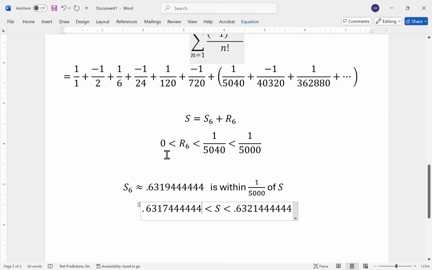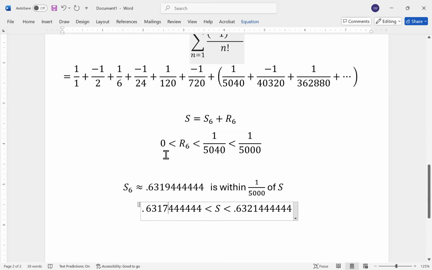Actually, technically, I know that's positive, so the remainder is positive, so I can even be a little bit more precise. This is going to be S6 plus a little bit.